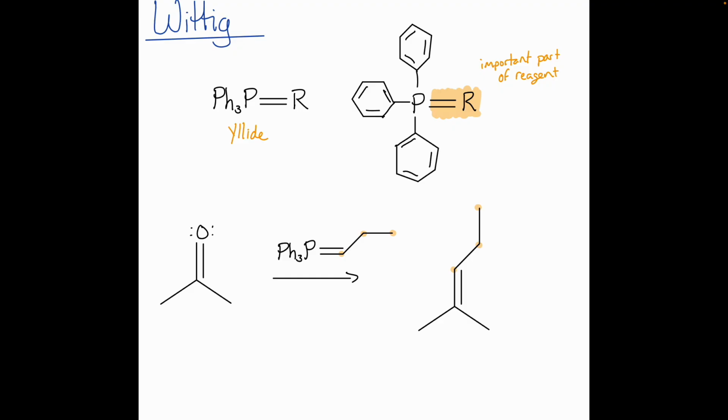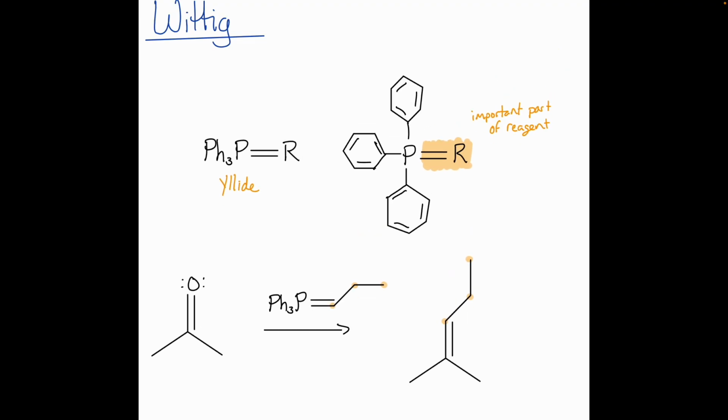All right, so we've replaced that carbon-oxygen double bond with a carbon-carbon double bond. So for our Wittig, let's just make note: we replace that carbon-oxygen double bond with a carbon-carbon double bond.